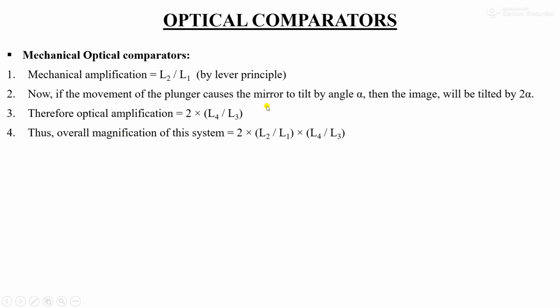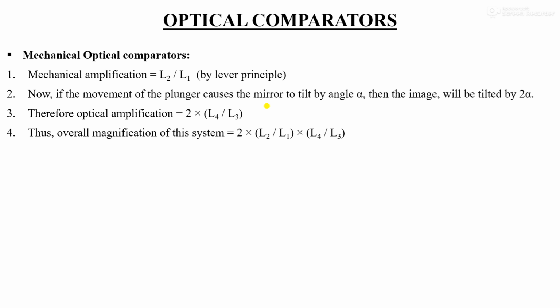Therefore, we can see that magnification in this comparator is done twice. First, the mechanical amplification with the help of the plunger, amplifying the small displacement of the plunger, and the second one is done by the tilted mirror. So we have to take into consideration both these magnifications when we are talking about the total or overall magnification of the comparator.